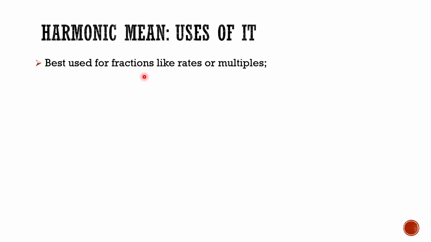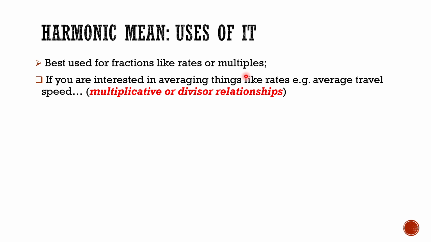So when you have observations like fractions, rates or multiples, you should definitely use the harmonic mean in place of the arithmetic mean. If you're interested in averaging things like rates, for example average travel speed, and you have observations with multiplicative or division relationships, you should use the harmonic mean in place of the arithmetic mean.